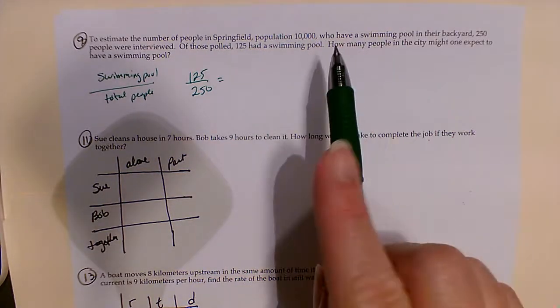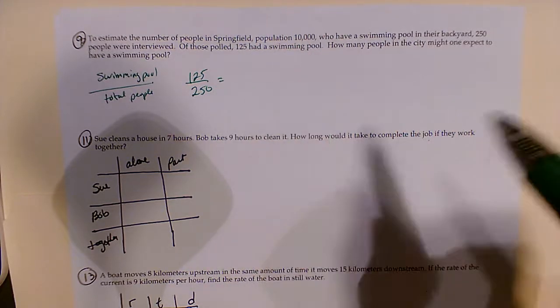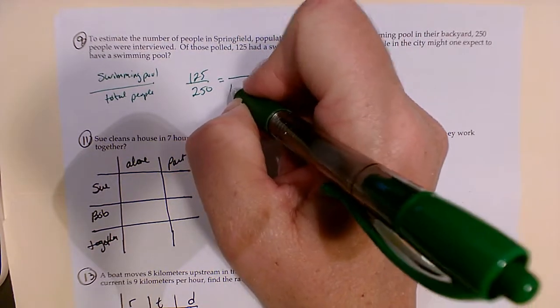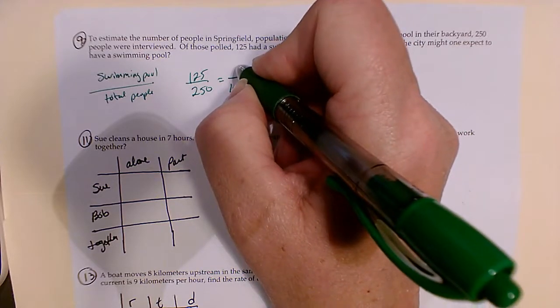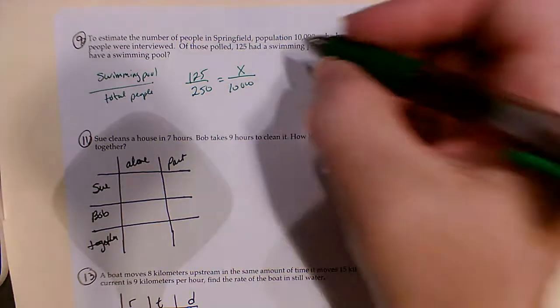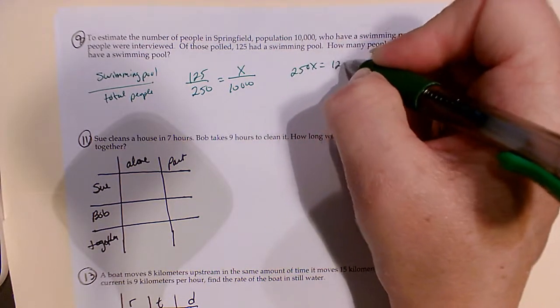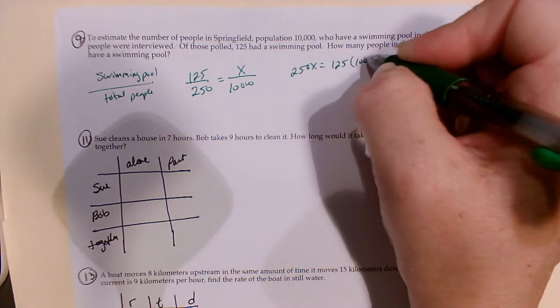And now we're looking to see how many people might one expect to have a swimming pool out of a population of 10,000. So our total is 10,000, and how many is going to be x. Here we're just going to cross multiply. So we get 250x equals 125 times 10,000.